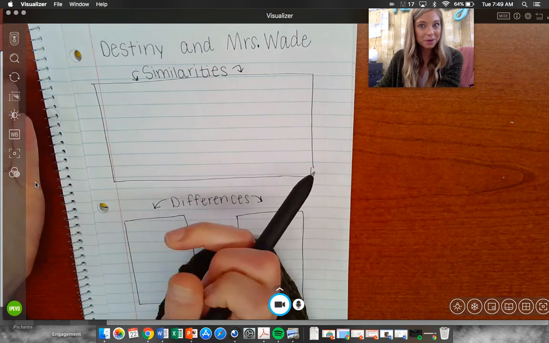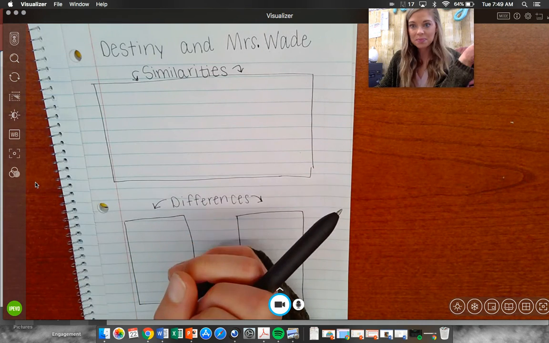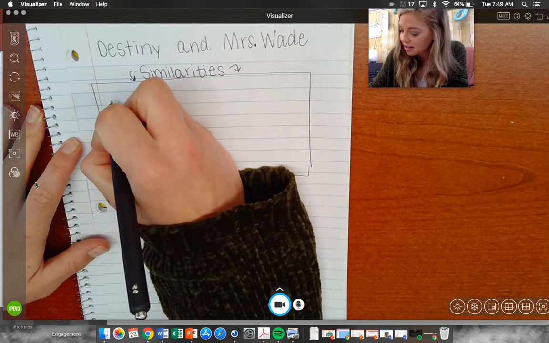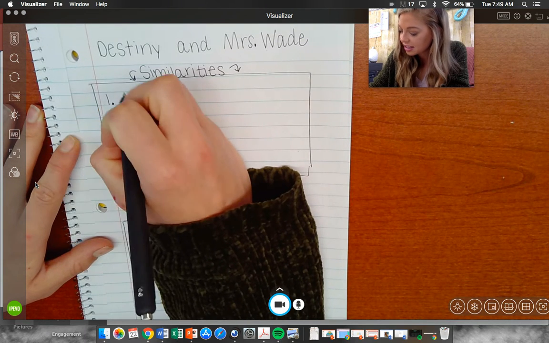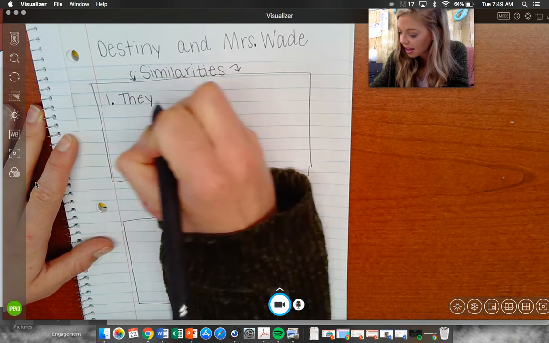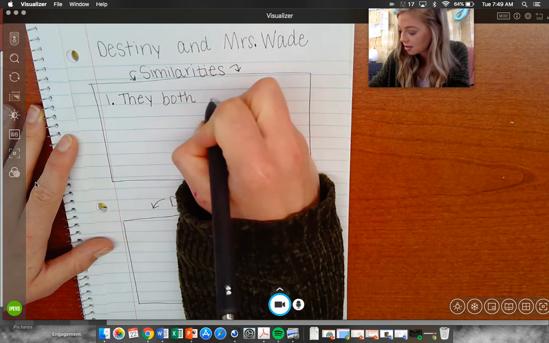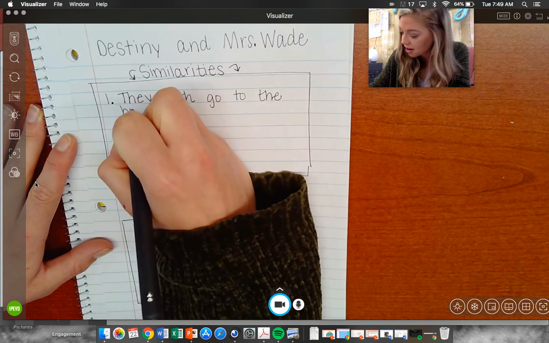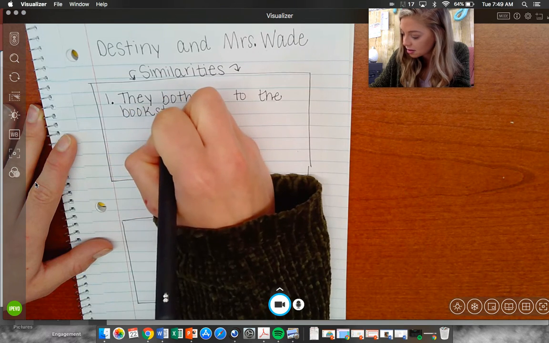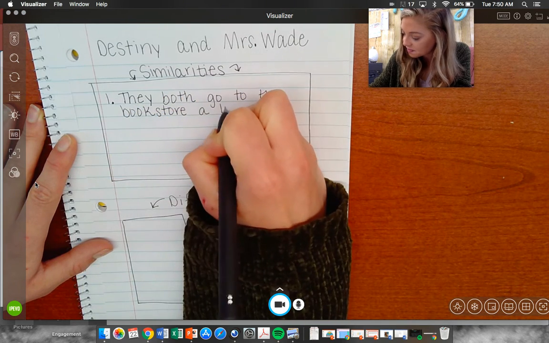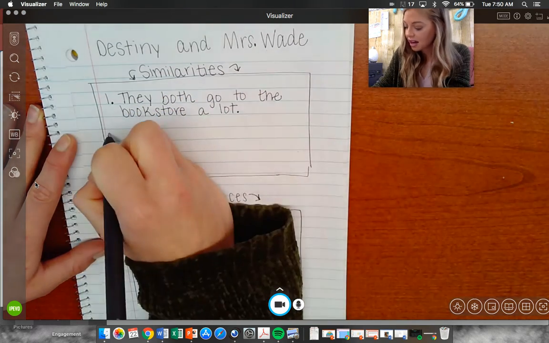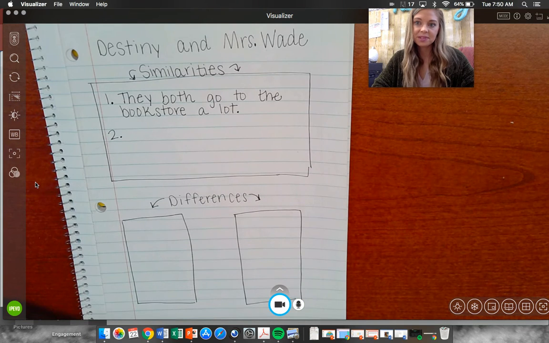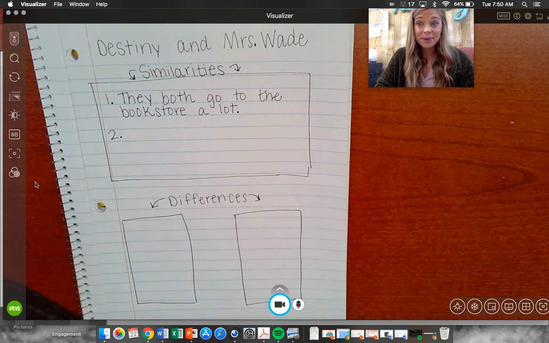Well, they both go to the bookstore, right? They're at the bookstore a lot. So the first one is they both go to the bookstore a lot. Another similarity that they have between the two is that they both love words, right?